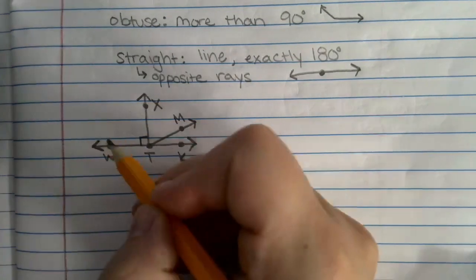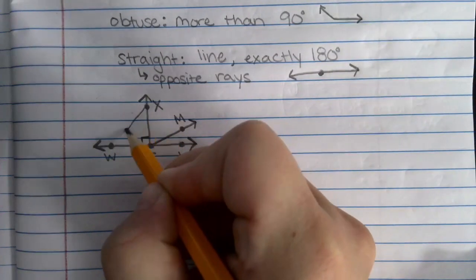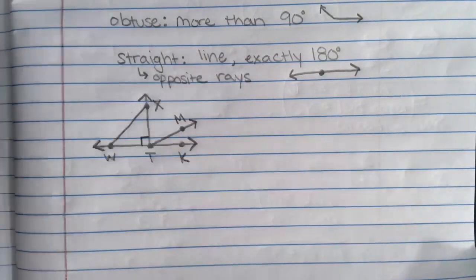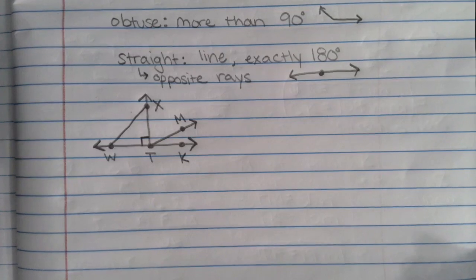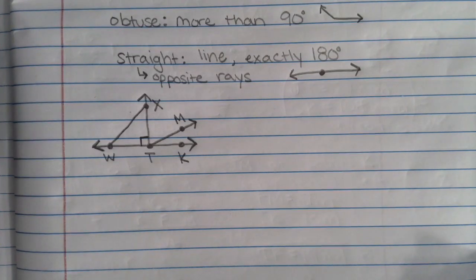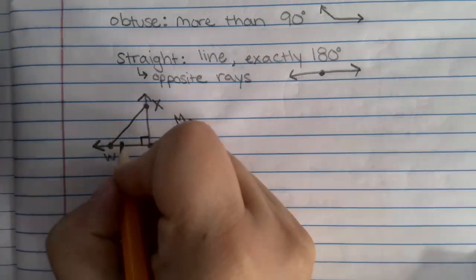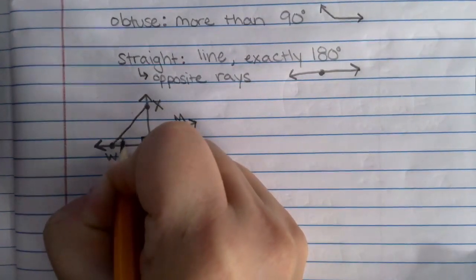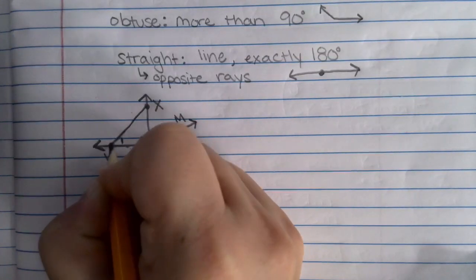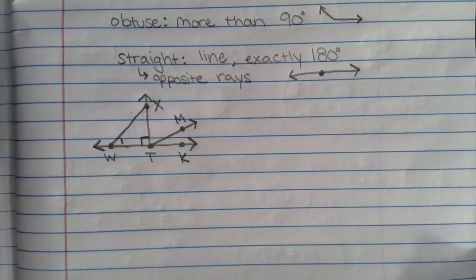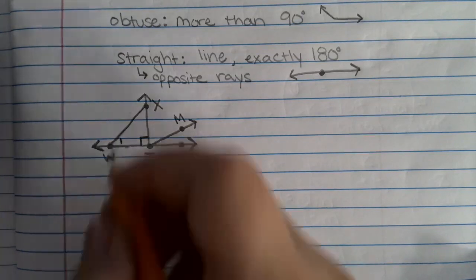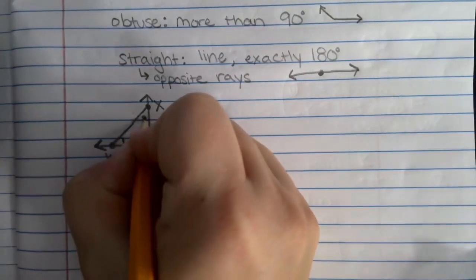All right, we're going to connect W and X with a segment to create kind of a triangle there. And then we're going to throw in some numbers for angle names. That way we could also use those numbers. So near the W, we're going to put a 1 on the inside of that angle. Near the X on the inside, we're going to do a 2.